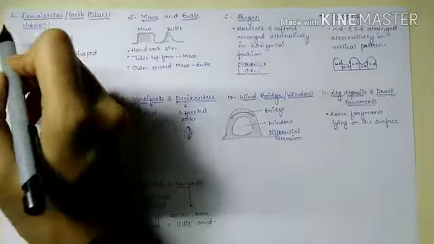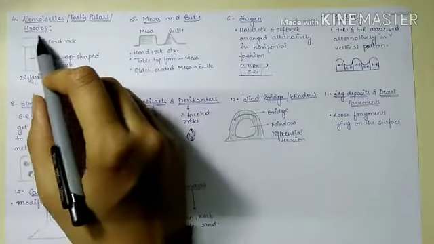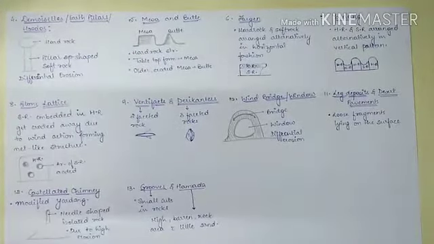Next we have demoiselles or earth pillars or hoodoos. These are the names for earth pillars.